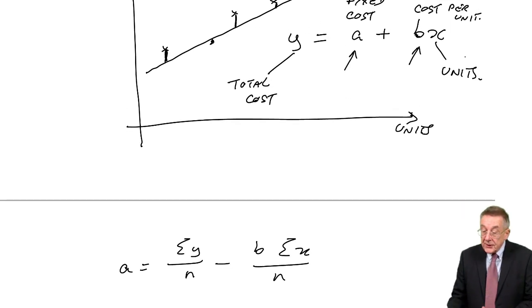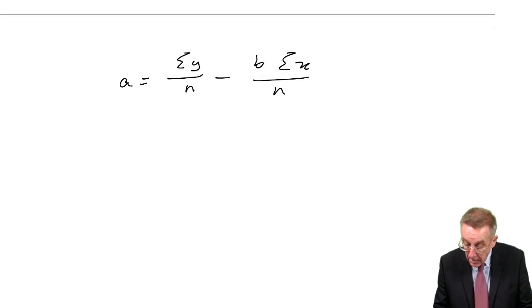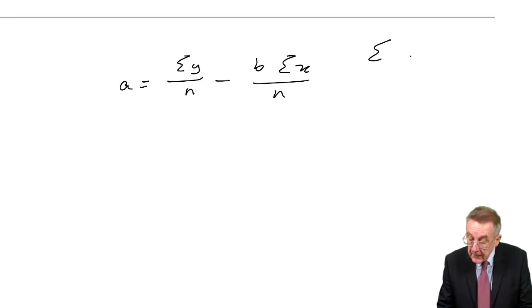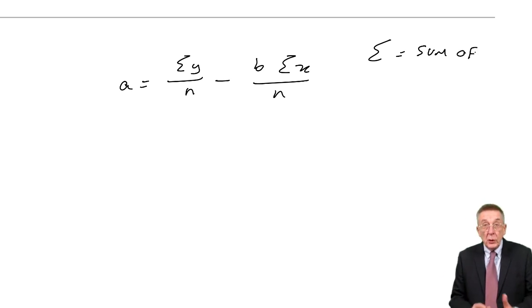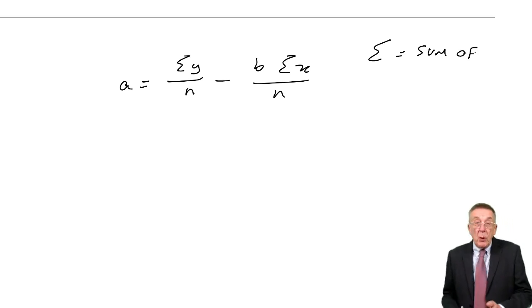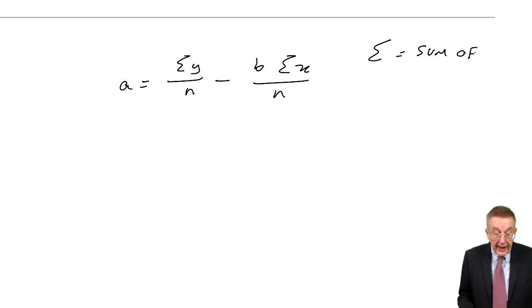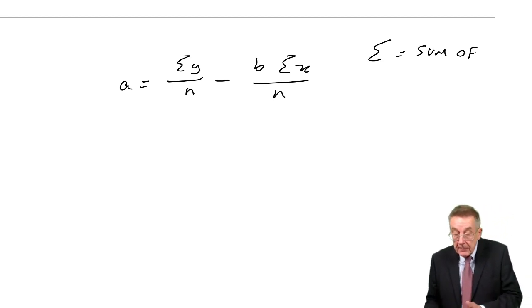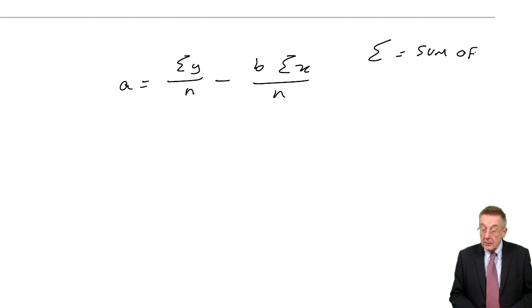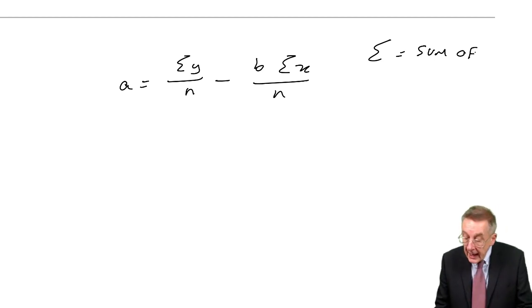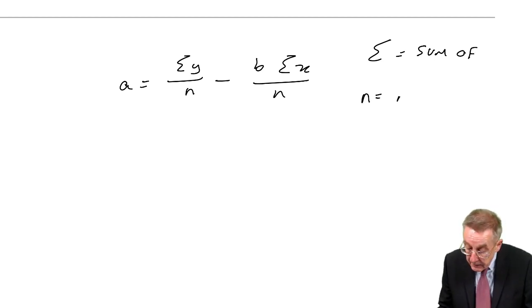X will be the number of units, y will be the cost. Sigma means sum of, or total of. So sigma y is the total of all the y variables that we're given, sigma x the total of all the x variables. N is the number of pairs of observations.